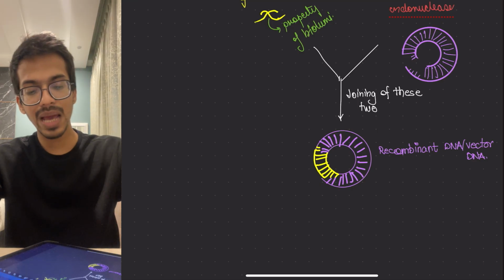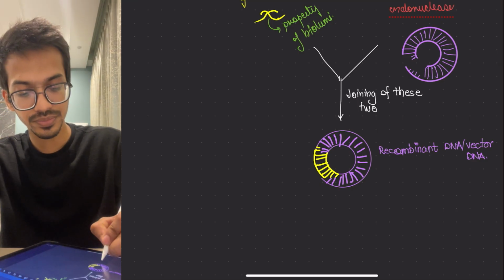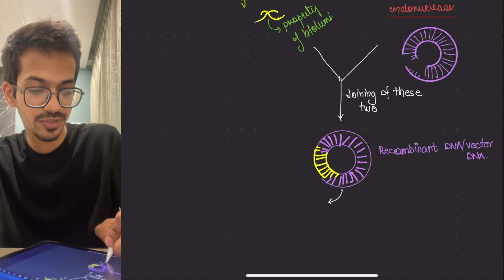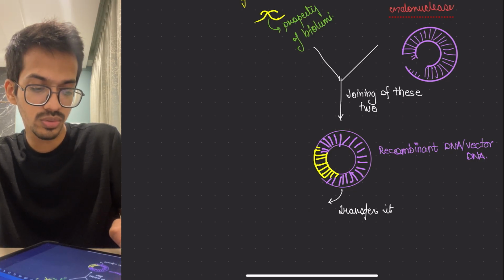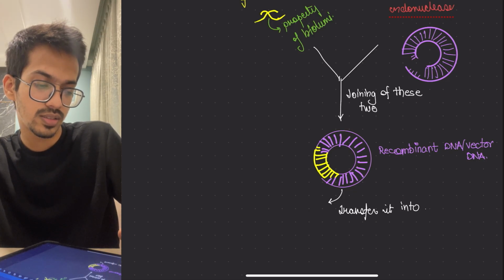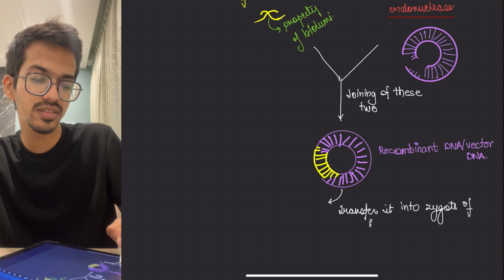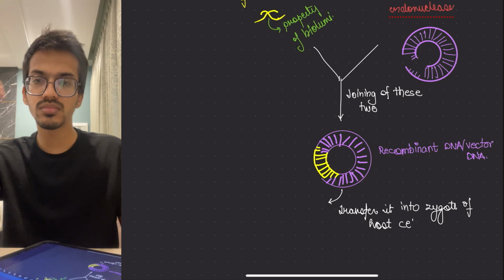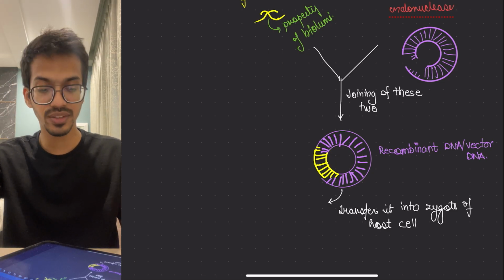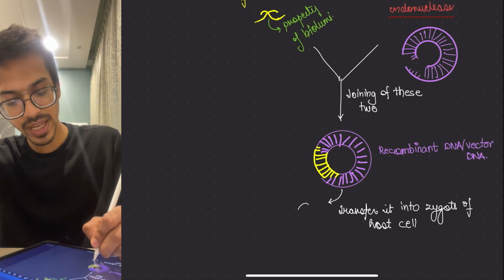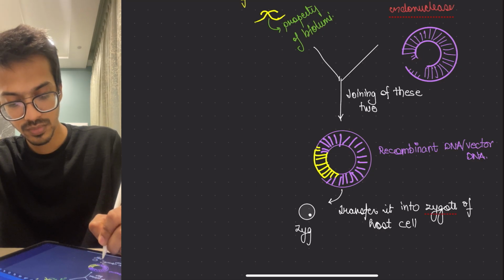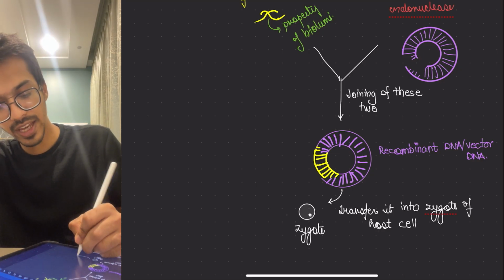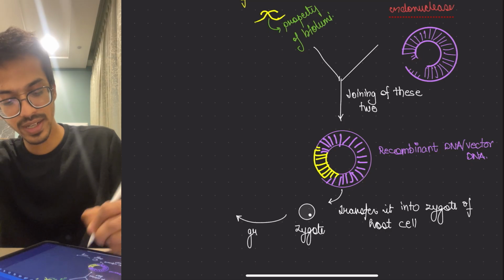So what will happen? Now I will transfer this into the zygote of the host cell. Why host cell? Because the host will only show the effect, that is, the fish. So I put it into the fish zygote. So this is the zygote, and when this zygote grows into an adult, what will happen?